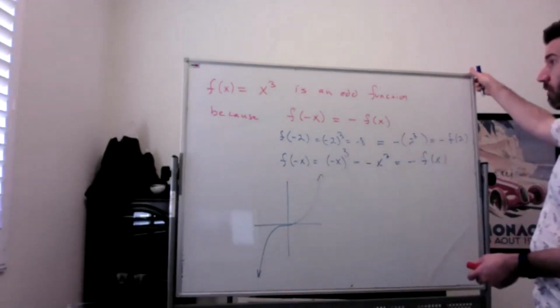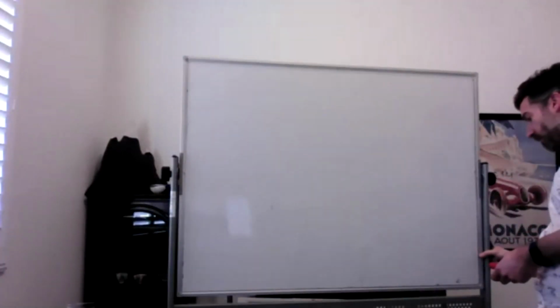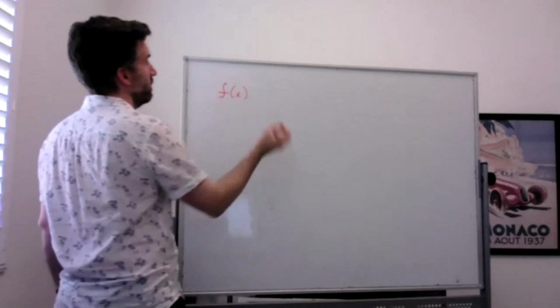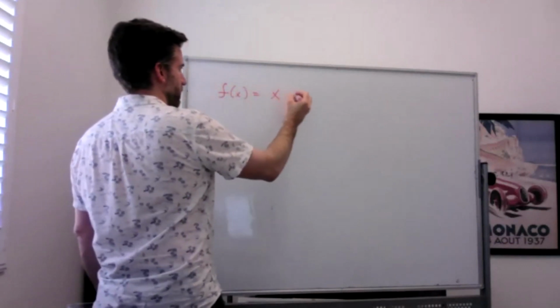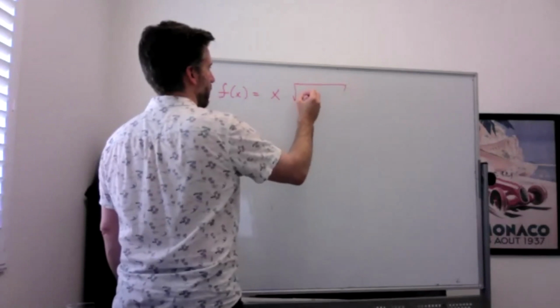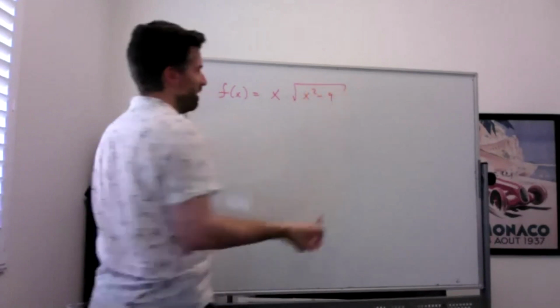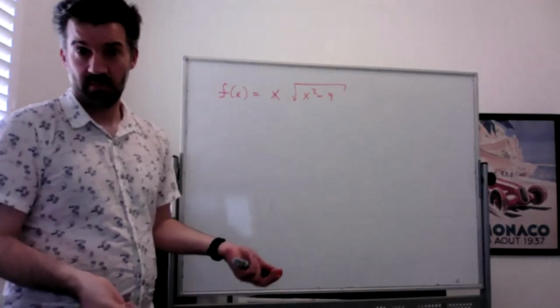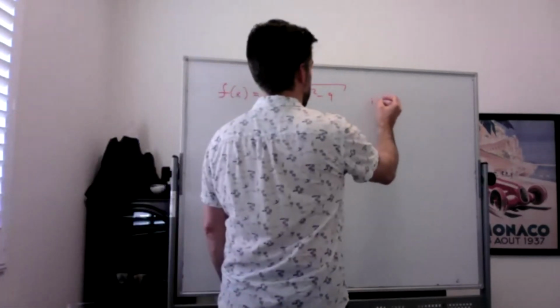So for example, if my function was something like x times the square root of x squared minus 9, then it's not exactly clear if it's odd or even based on the powers. It is odd.